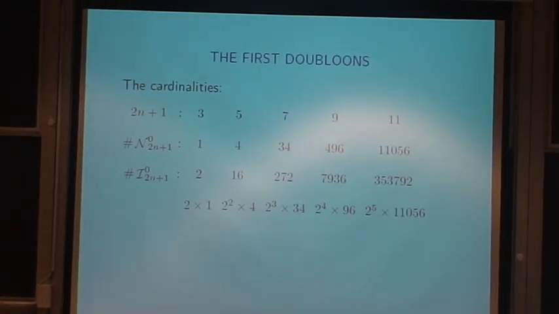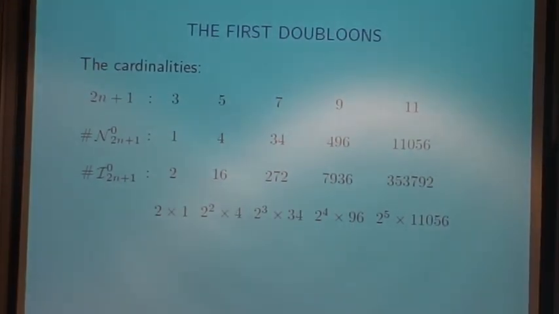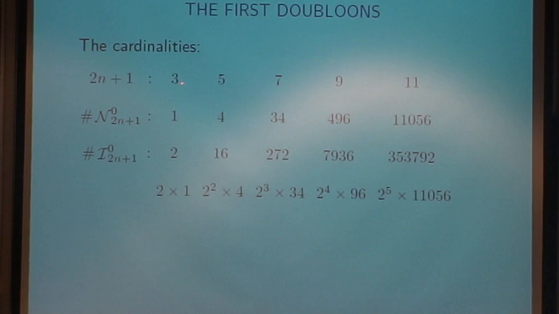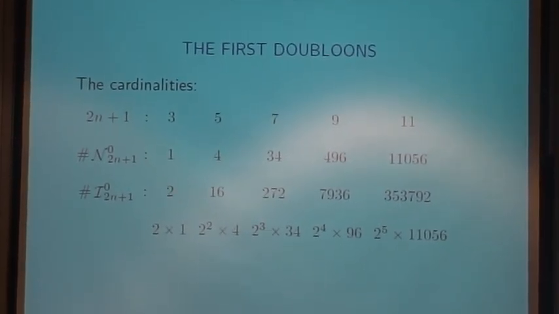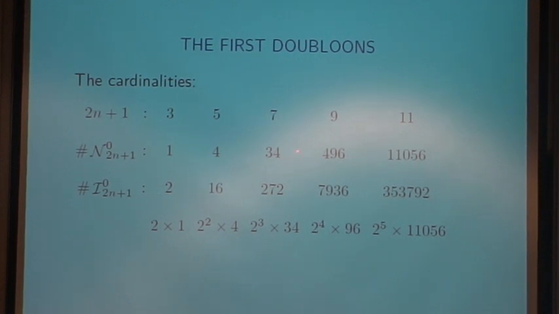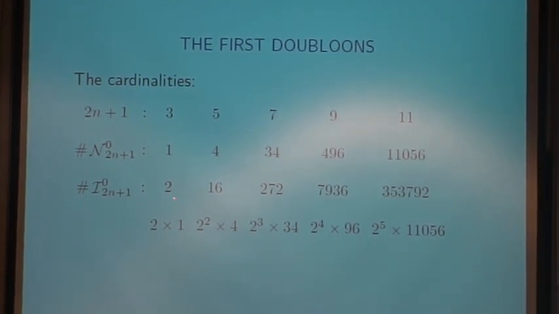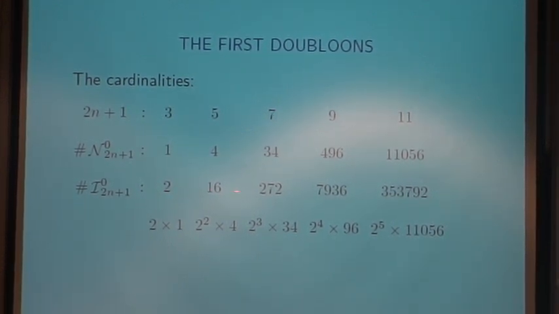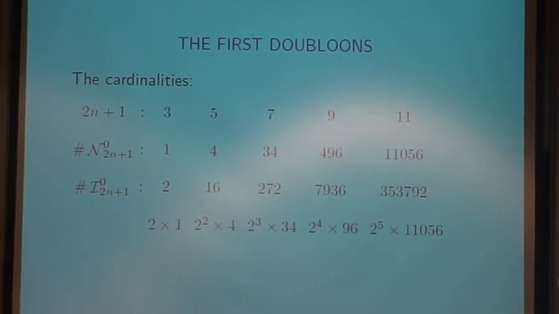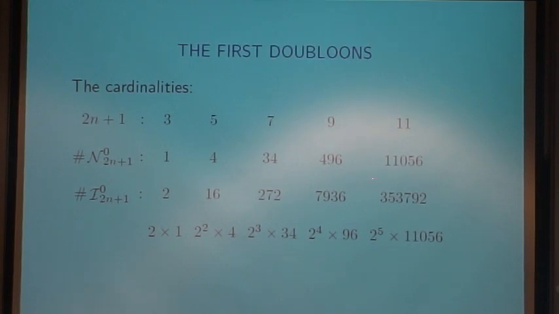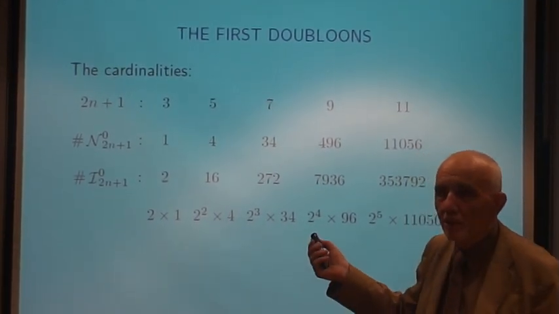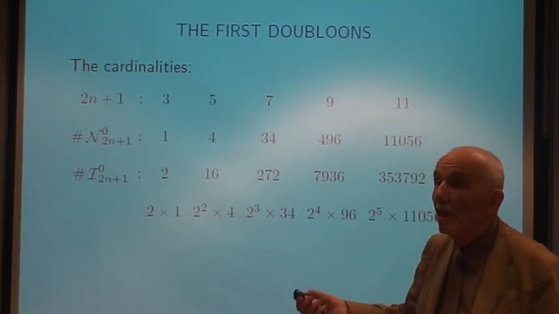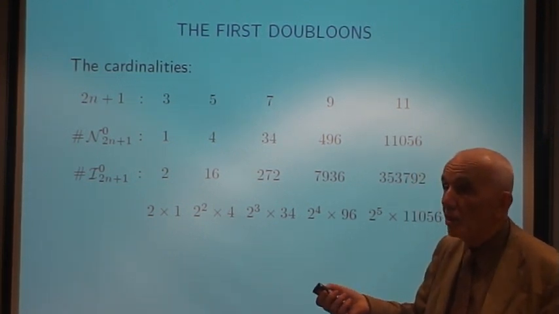For 2n plus 1, for n equal 1, so for 3, 5, 7, 9, 11, the number of normalized is 1, 4, 34, 496. This is sufficient for Sloane. If you type this in the Sloane integer sequences, you guess what it says? Those are the tangent numbers, the coefficients of the Taylor expansion of tangent.